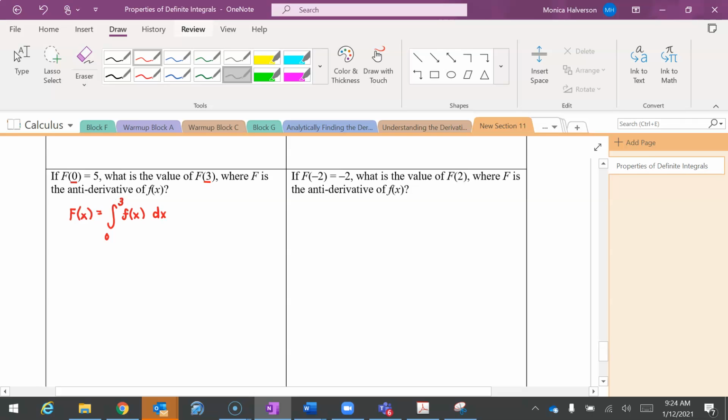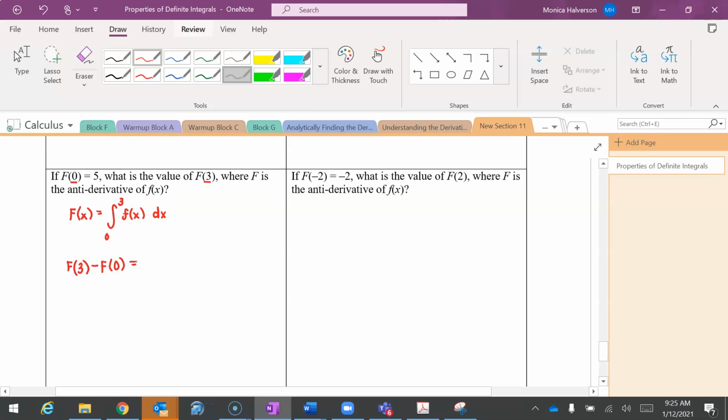So I want us to think about that. We know that this, based off of the fundamental theorem of calculus, is going to equal F of 3 minus F of 0. Now, what's great about this, and let me rewrite this over here, is that this is going to be F of 3 minus F of 0.